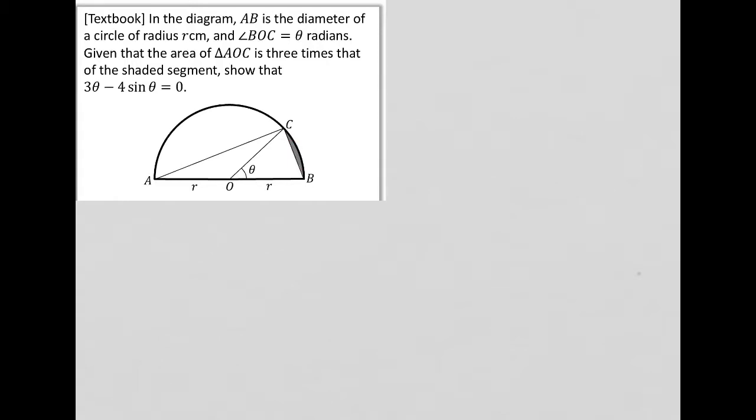Now, we haven't dealt with segments before, so I just want to go off and explain them. A segment is this part here. And the key thing to realise when you're dealing with this is you need to find the area of the sector and then take away the area of this triangle.